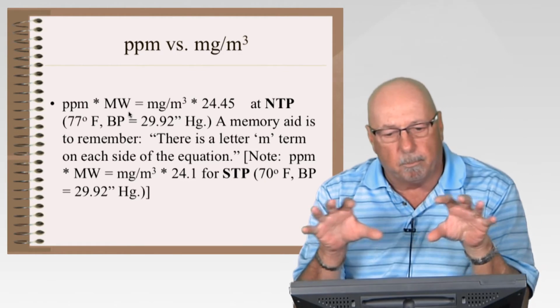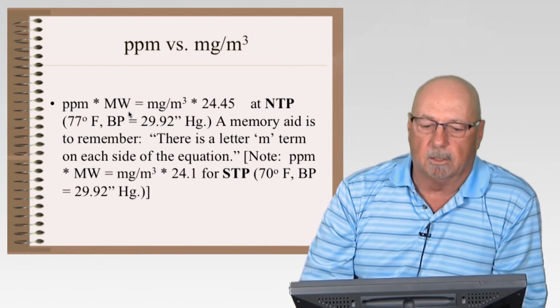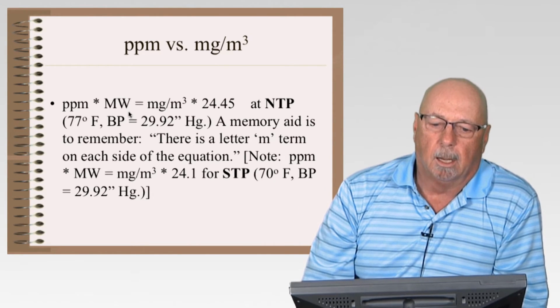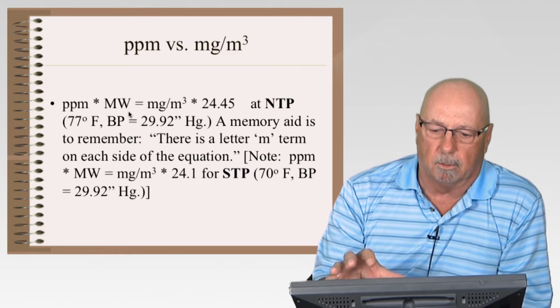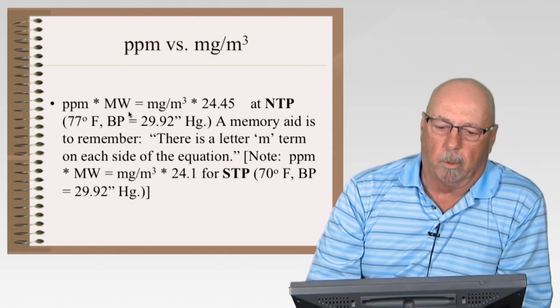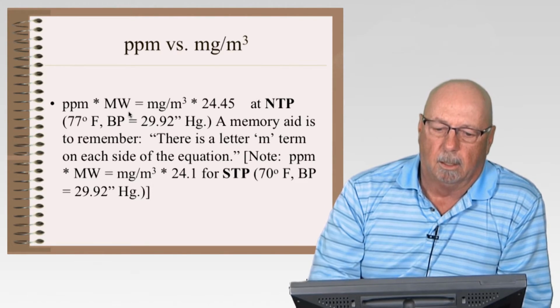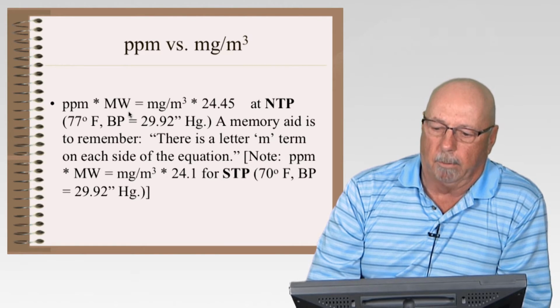To help figure out the setup of this formula, just think there are 2 M's in the terms, the molecular weight on one side and the milligrams per cubic meter on the other.